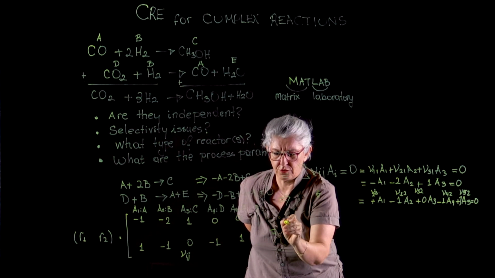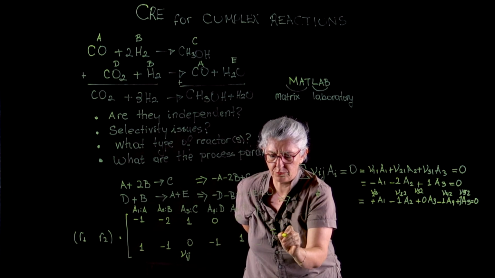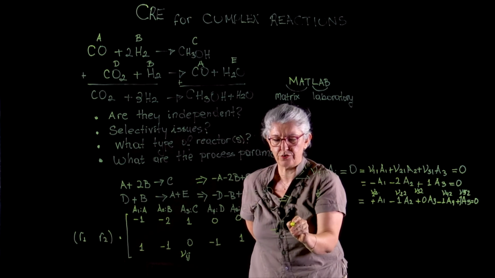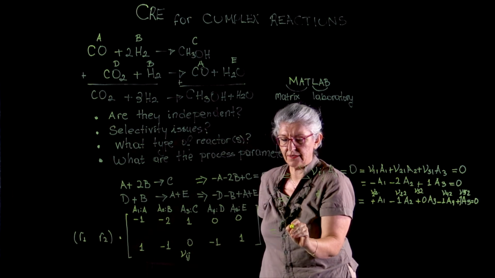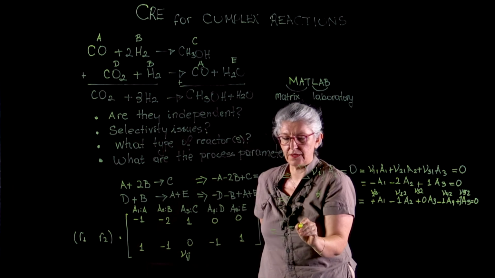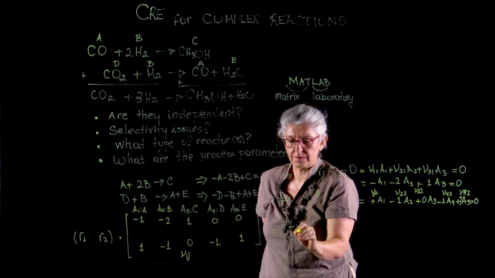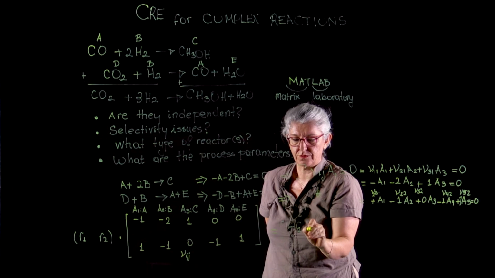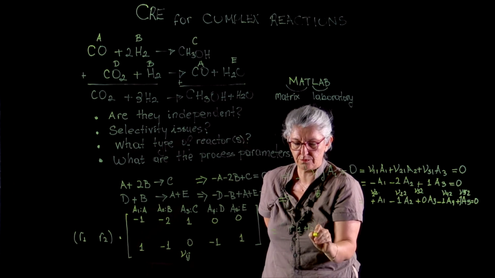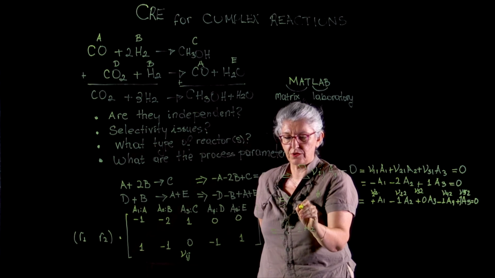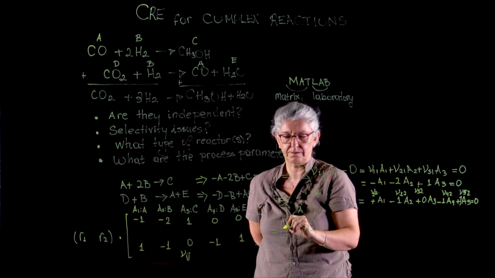Okay, so my first term, I'm going to generate a vector space. My first term is minus R1 plus R2. This first term belongs to the A column.